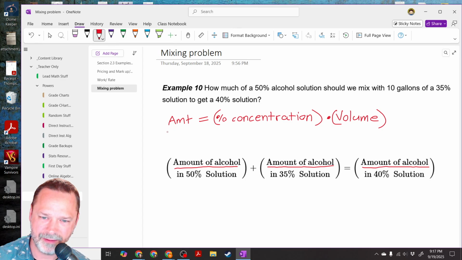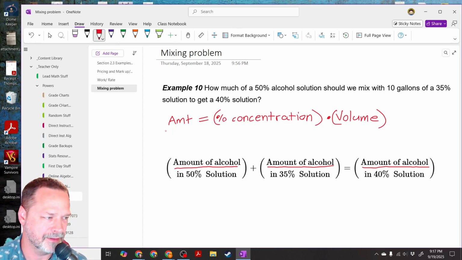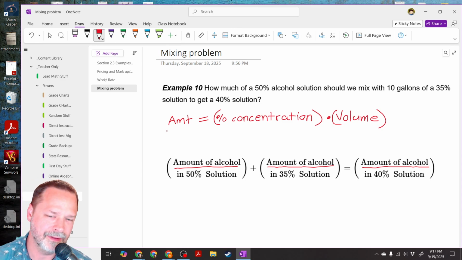So the amount of alcohol, in this case, could be the amount of a saline solution, or the amount of whatever. It's going to be that percent times the volume of the liquid we have. Okay, so this will make a lot of sense, I think, as we fill this in.